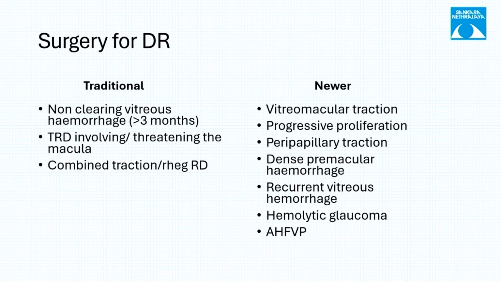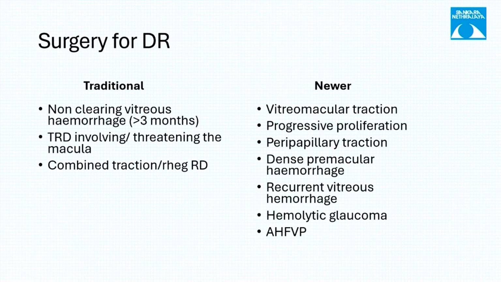I'm not showing any videos for paucity of time, but these are the indications for surgery for diabetic retinopathy. The traditional ones that haven't changed since I was a postgraduate are non-clearing vitreous hemorrhage, tractional detachment involving the macula, and combined detachments. But what are newer ones with our better understanding of the pathology, newer imaging, safer surgery methods?